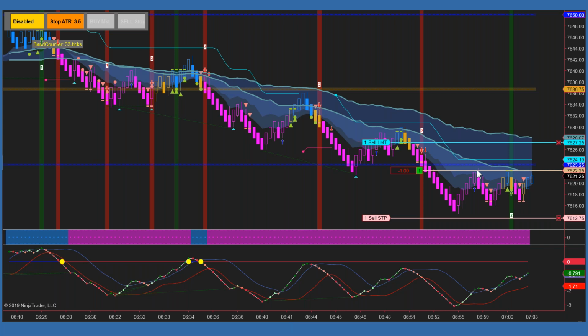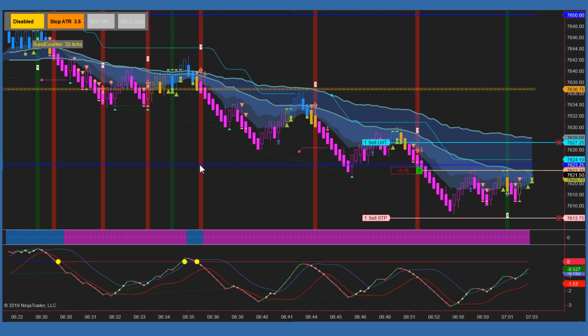So we do need to see the market breach these highs right here around the 76.23 mark. That's also where the primary support is at.